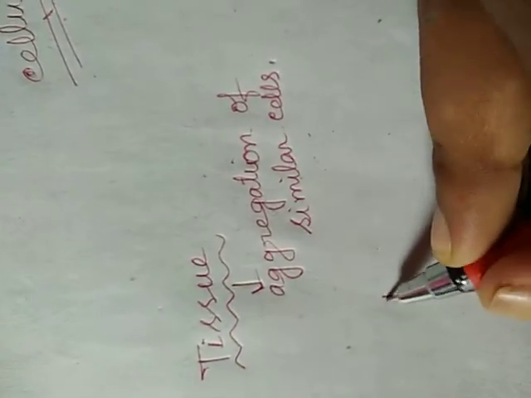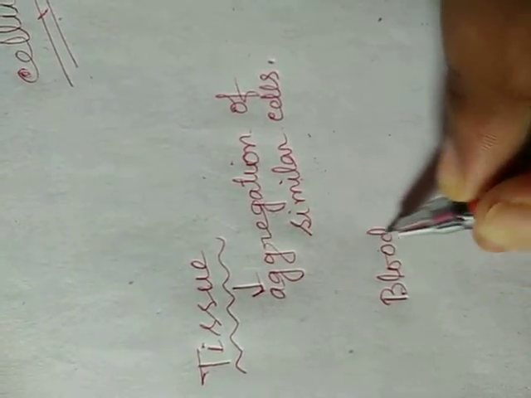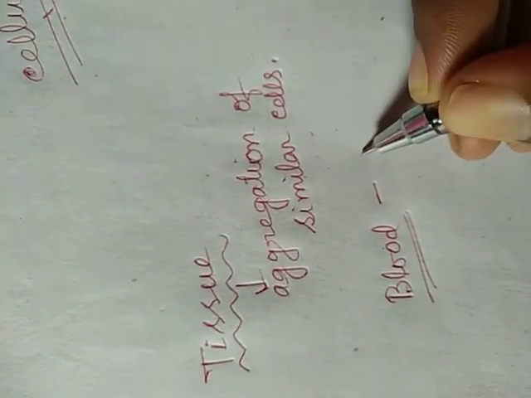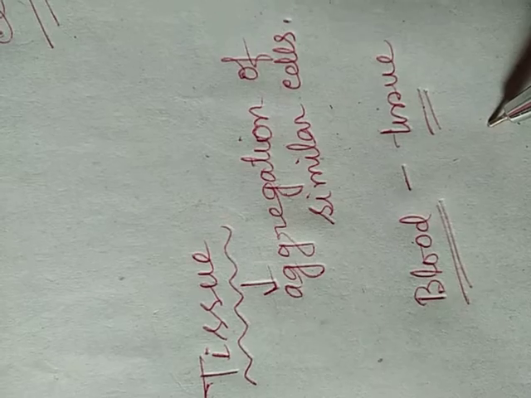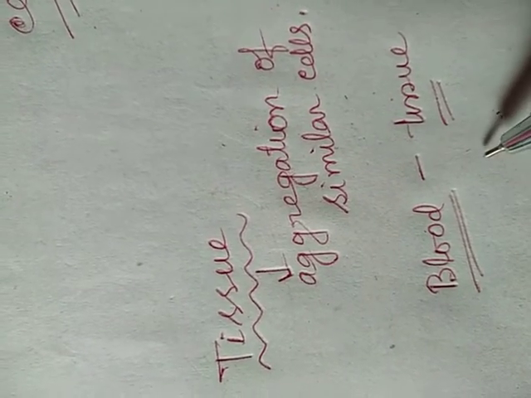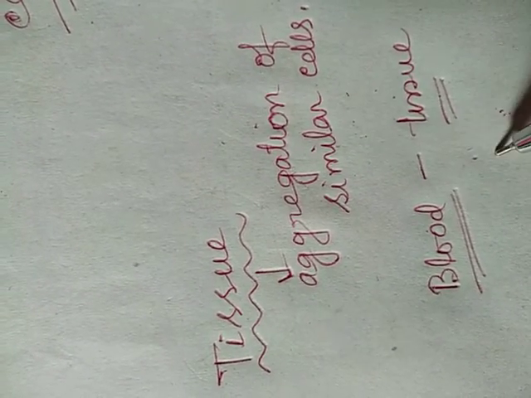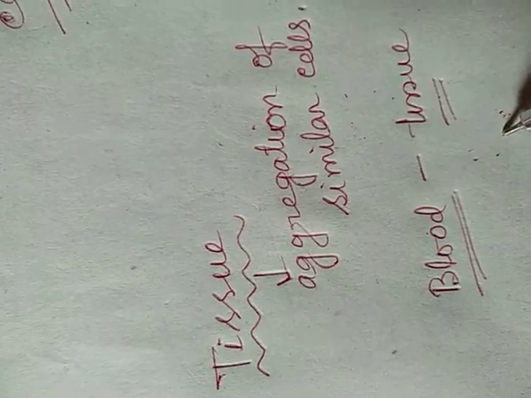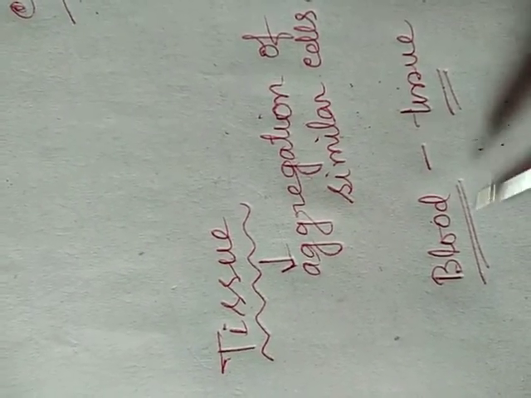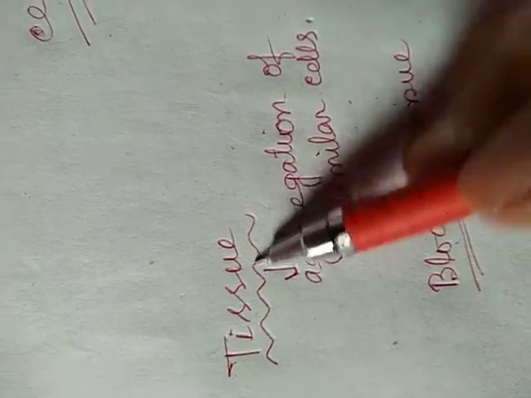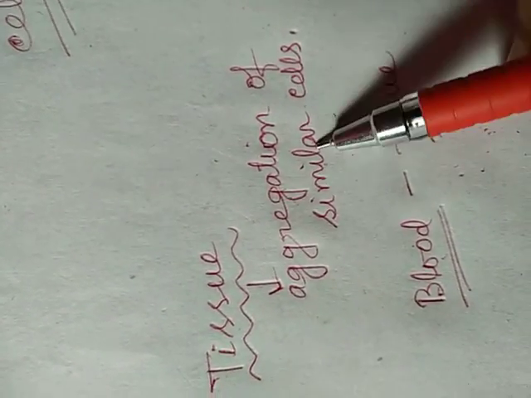Suppose blood is a tissue, because it contains different types of cells: RBC, WBC, platelets. These are the blood cells present within the blood. So tissue means aggregation of cells.